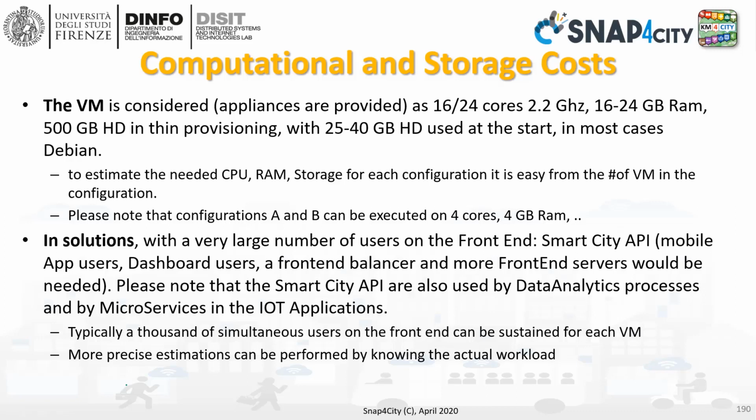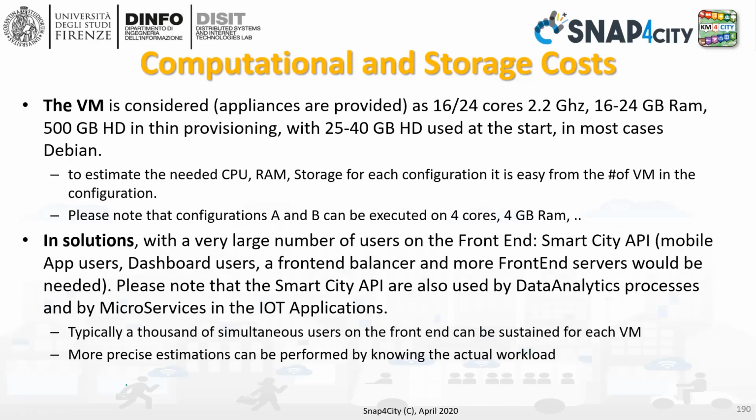So Snap4City allows you to decide and to use the same solution with the different kind of scalability you need, and you can have thousands of users in the front end or in the back office, if you need to scale, and thousands of users on the APIs, and also many data streams arriving there, and also processes for the data analytics.